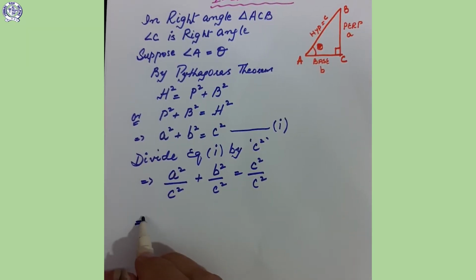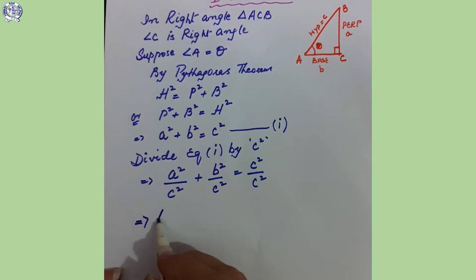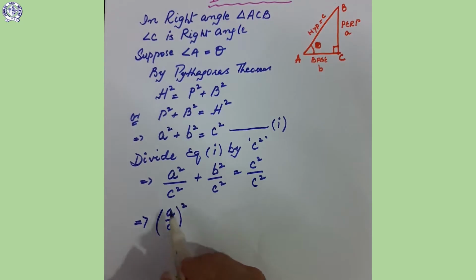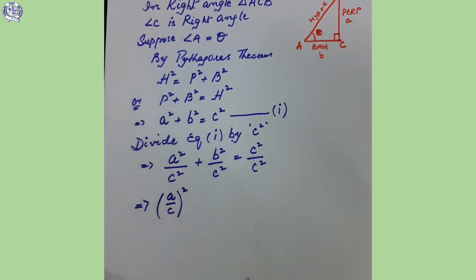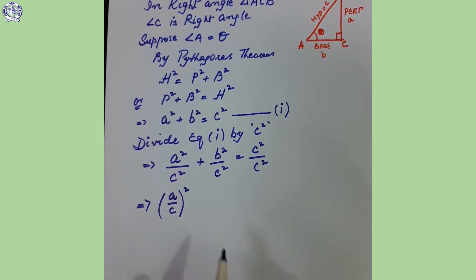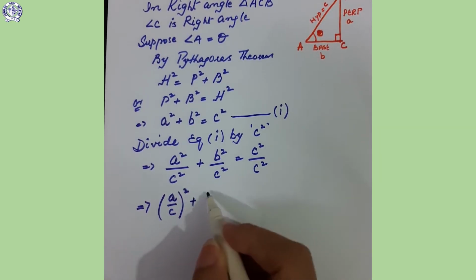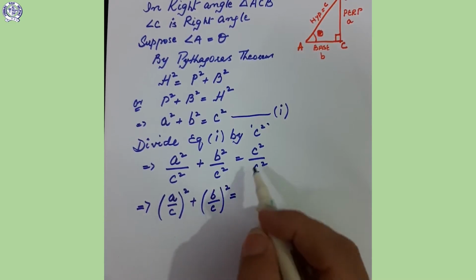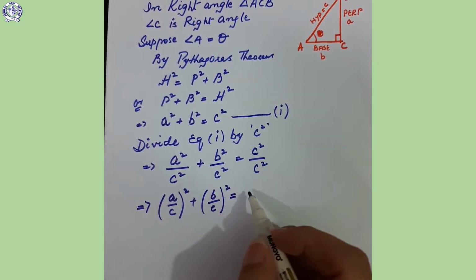Now a square upon c square, you can write it this way also, a upon c the whole square. So when you open the bracket, square will come on a and square will come on c. Same we'll do with the second term, plus b upon c the whole square equals to, now this will get cancelled, so you will get 1.